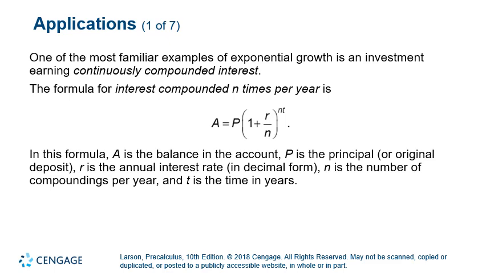So let's say you put $1,000 into a bank account. That's your principal. R is the annual interest rate, and that is usually in decimal form. N is the number of compoundings per year. So if it's compounded monthly, then N is 12. And T is the time in years. So let's say you let it sit for 5 years, T would be 5.